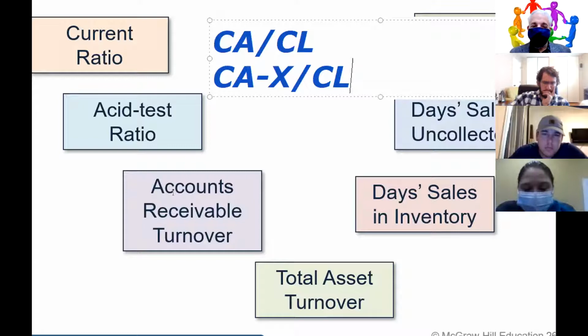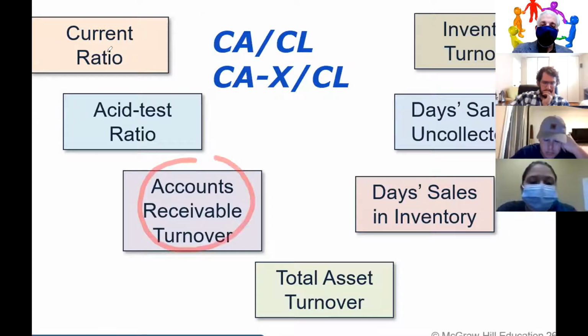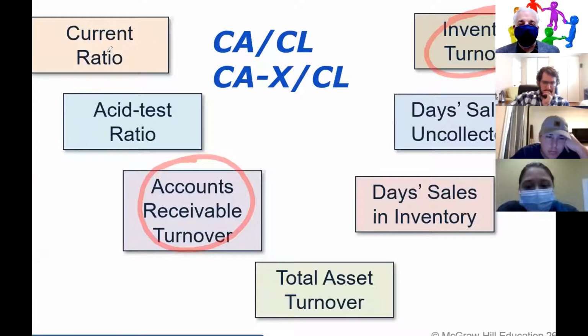All right, let's look at receivable turnover, inventory turnover. Remember, if it has a balance sheet item and an income statement item, you have to take an average of the balance sheet item. Notice we didn't take an average of current assets or an average of current liabilities, because those are both in the balance sheet.